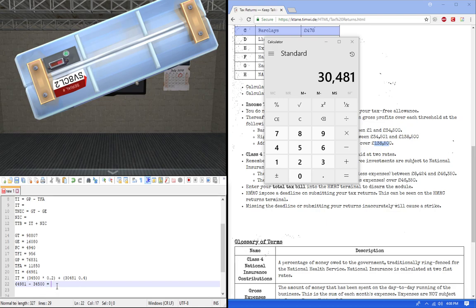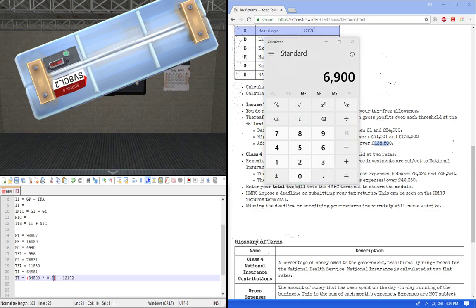Okay? So, we're going to take this and times it by our 40% rate, which is going to equal 12,192. Next, we're going to take our 34,500 and times it by our 20% rate.